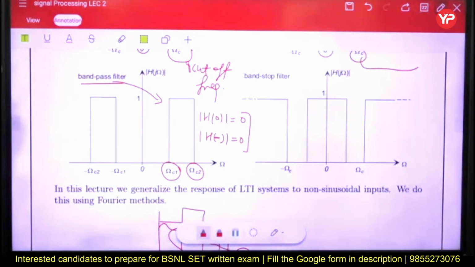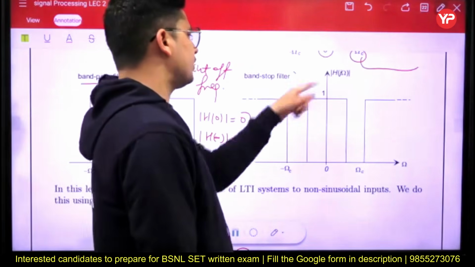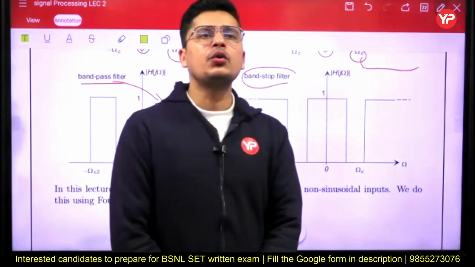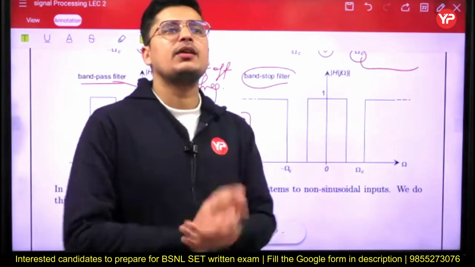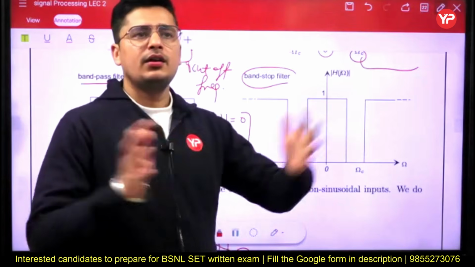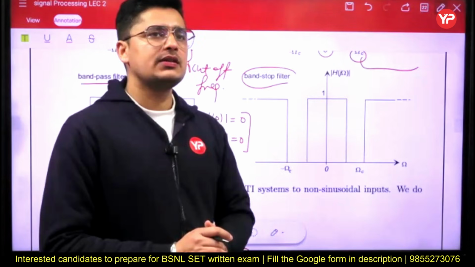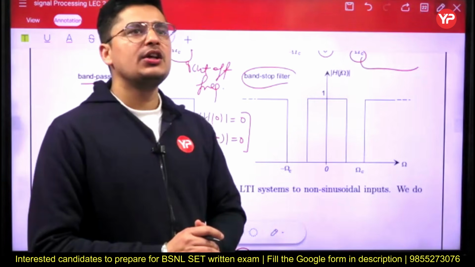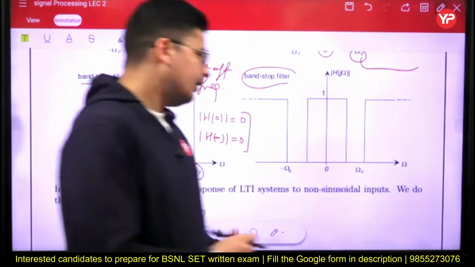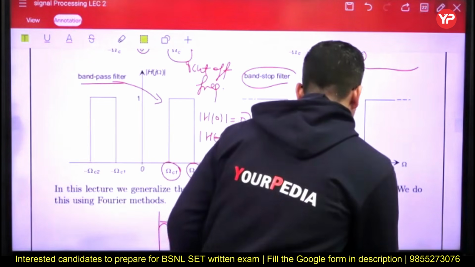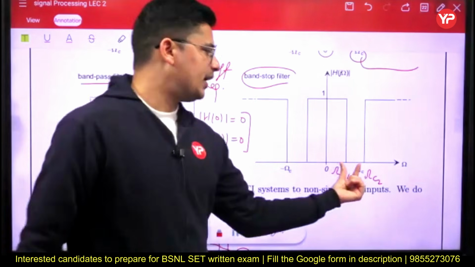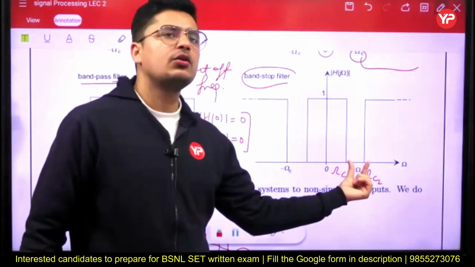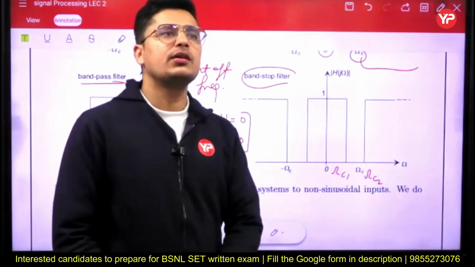Now the last one is the band stop filter. If you want to remove a certain band of frequencies from a set of frequencies, then for that purpose we use the band stop filter. A band stop filter will also have omega c1 and omega c2, so it will reject the band from omega c1 to omega c2 and pass all other frequencies.